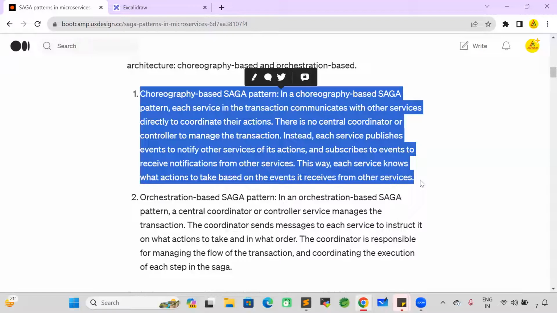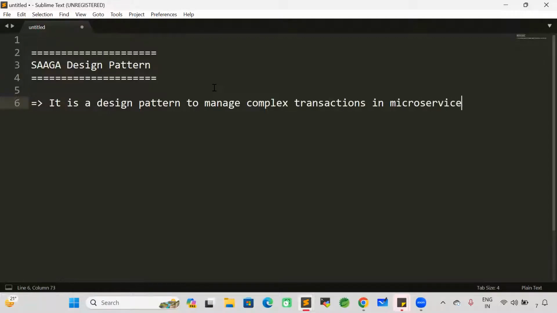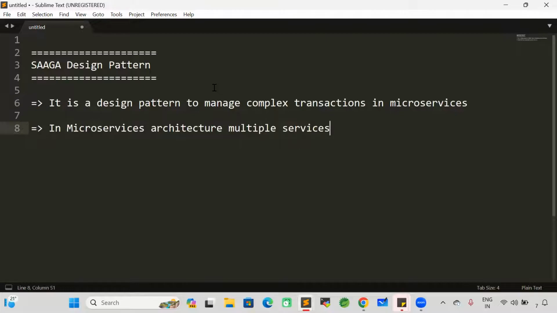So SAGA design pattern is used to manage distributed transactions. What is this SAGA? It is a design pattern to manage complex transactions in microservices. Okay. In microservices architecture, multiple services will be involved.